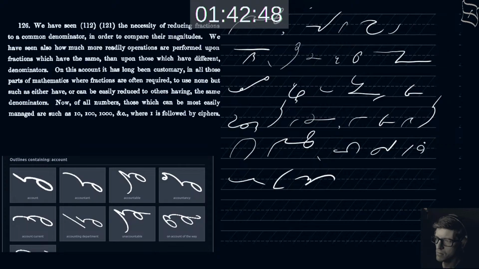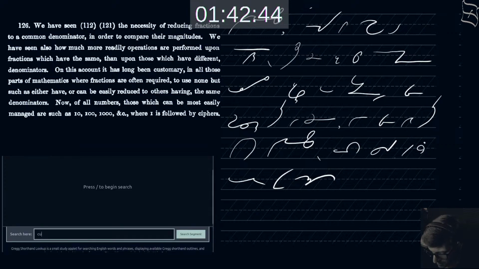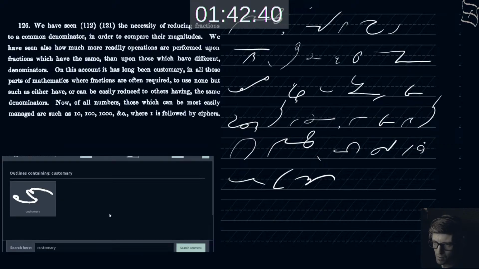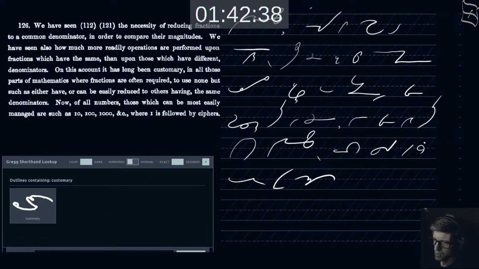Maybe that's custom. Let's see what customary might be. A disjointed R after that. No, slight modification, just RE. So it's cust for custom. And then, there we go.